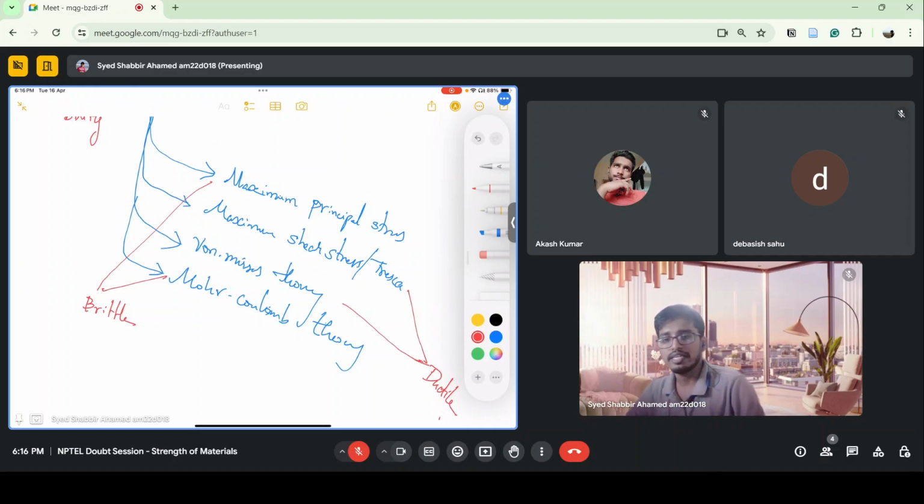These are boundaries, limits to your stresses, so that it doesn't go beyond those limits and eventually lead to the failure of the structure or the material.